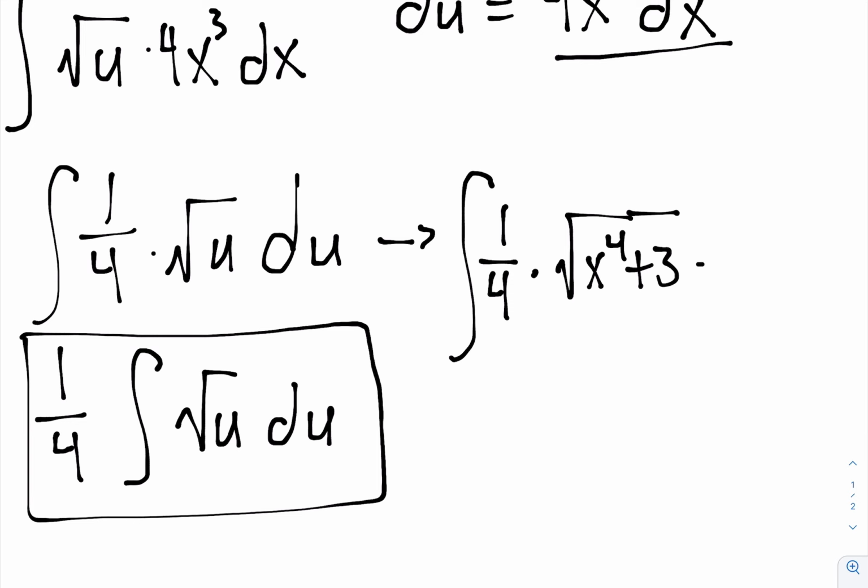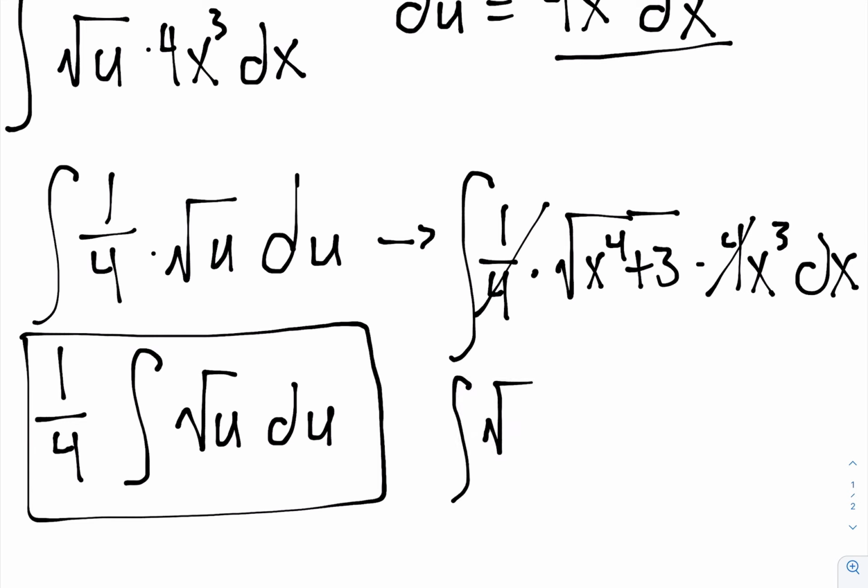And then that du was 4x cubed dx. So see how we have the 1/4 and the 4? That's going to cancel out there. So we could rewrite it as the square root of x to the fourth plus 3 times x cubed dx.